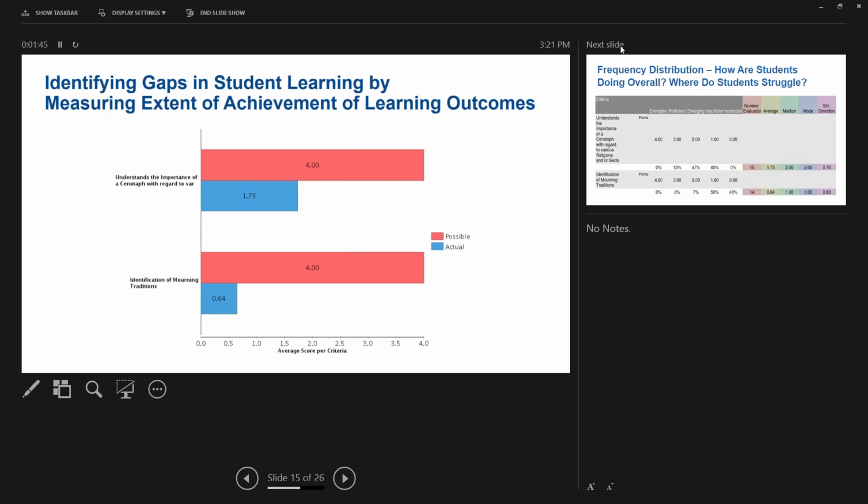And you can see here, it's very telling that the students, as they were mastering this course, are having a hard time being able to identify morning traditions. These were the assignments that we collected and assessed, and so we were able to talk with the faculty in the department and say there's something definitely going on here that we need to take a look at. These are areas for improvement. Let's talk about what happened here in the class and what we can do for next time.